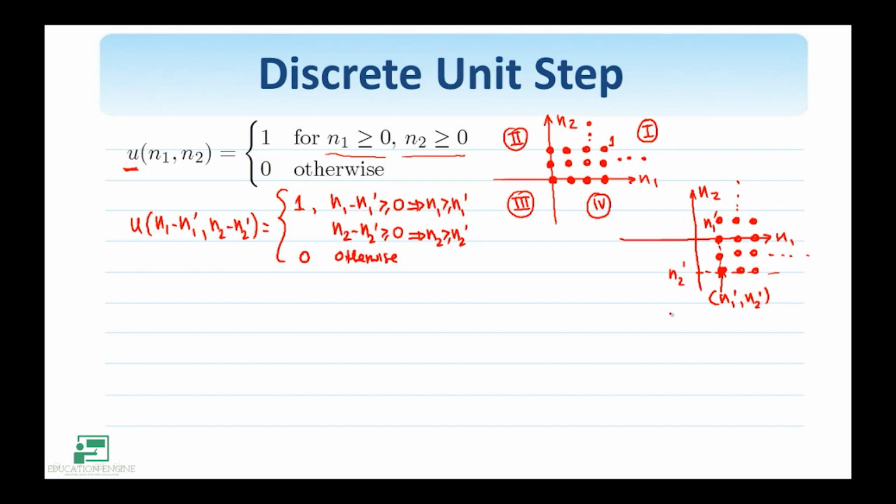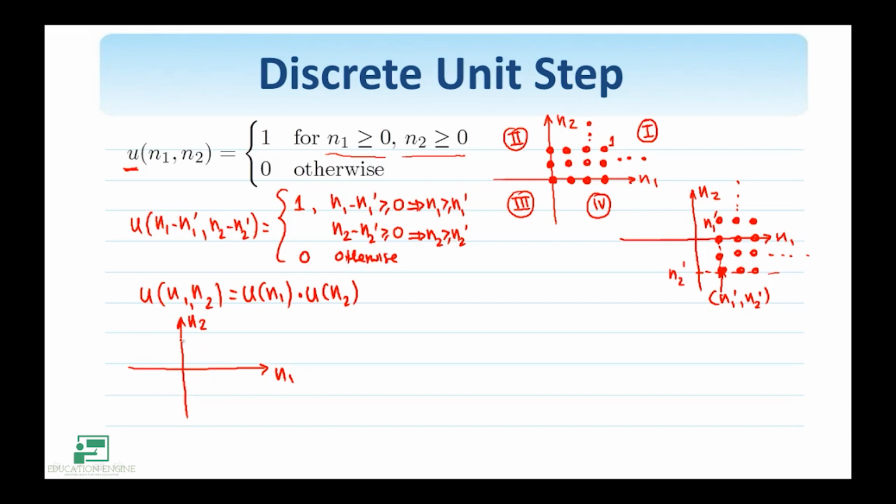The next question is whether the unit step is separable, as was the delta, and the answer is yes. So u N1, N2 can be written as u N1 times u N2, and pictorially u N1 is 1 as long as N1 is greater or equal than 0.